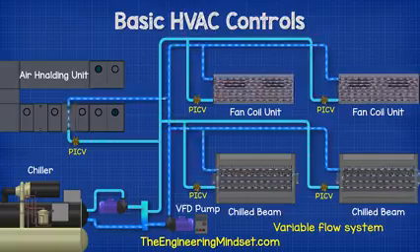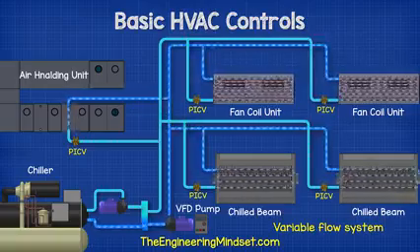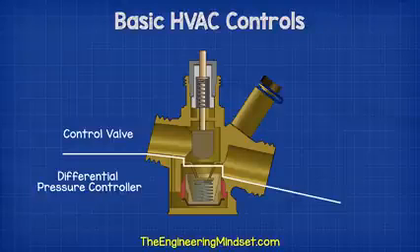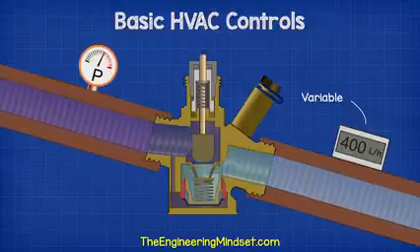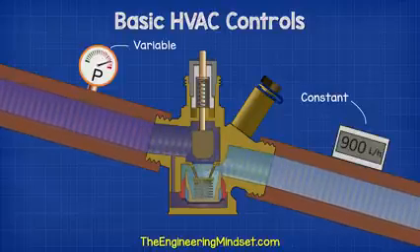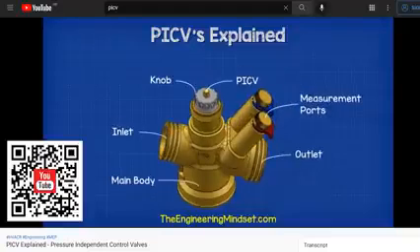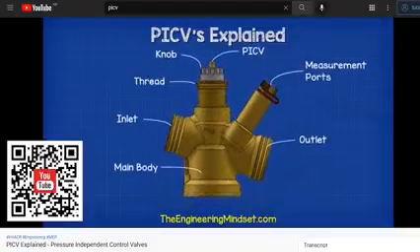These will be used to control the flow rate through fan coil units, air handling units, etc. These are basically multiple valves combined into one design. The lower part maintains a constant pressure difference across the valve, and the upper part regulates the flow rate. We have covered how pressure-independent control valves work in detail previously, and I'll leave a link for you in the video description down below.